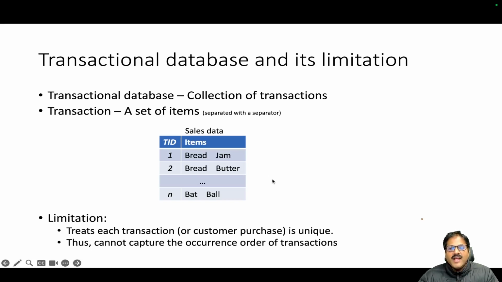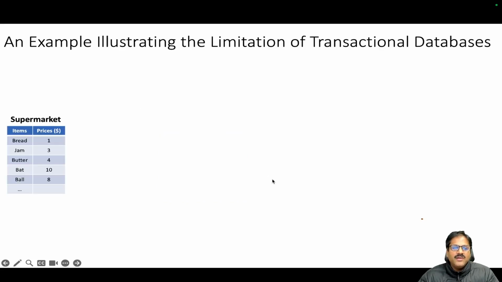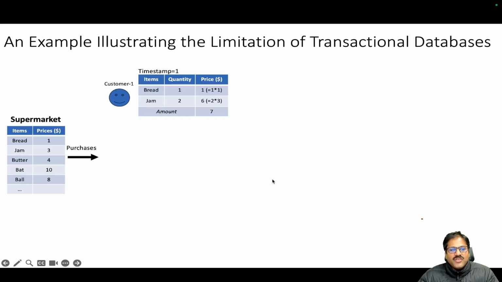Let us understand the limitation with a real world application, say supermarket dataset. So assume there is an imaginary supermarket selling the items bread, jam, butter, etc. A customer has visited the supermarket and he purchased bread and jam.